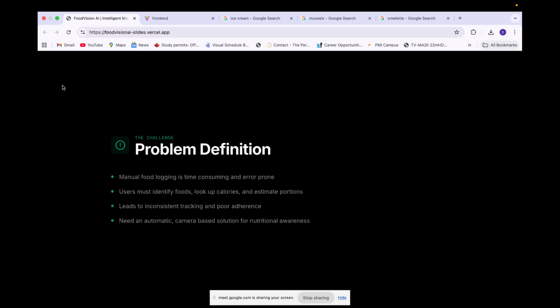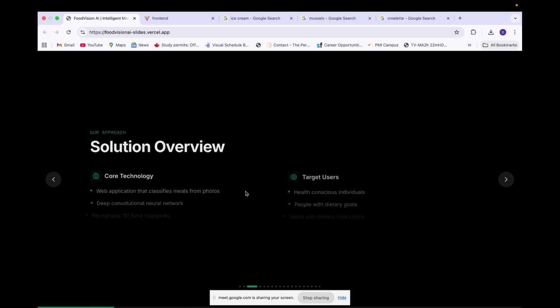In packaged foods they know how many calories are present, but for the food you get in a restaurant or the one you cook at home, it's really hard to track how many calories are present there. So via our application, we want the user to be able to identify the food and the calories present in it. So that's the main problem definition.